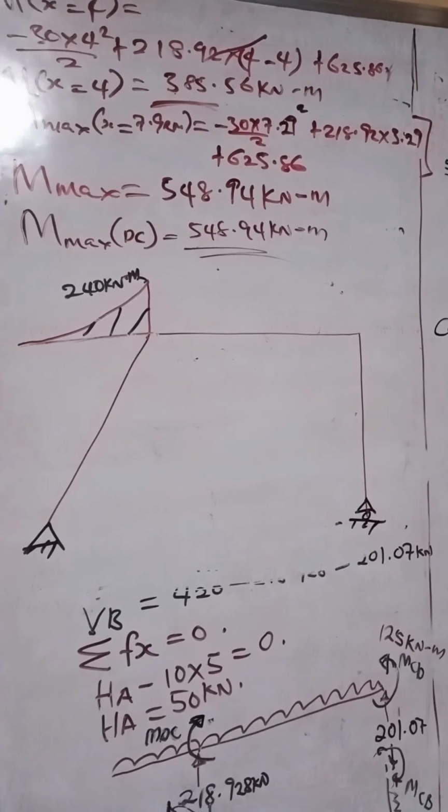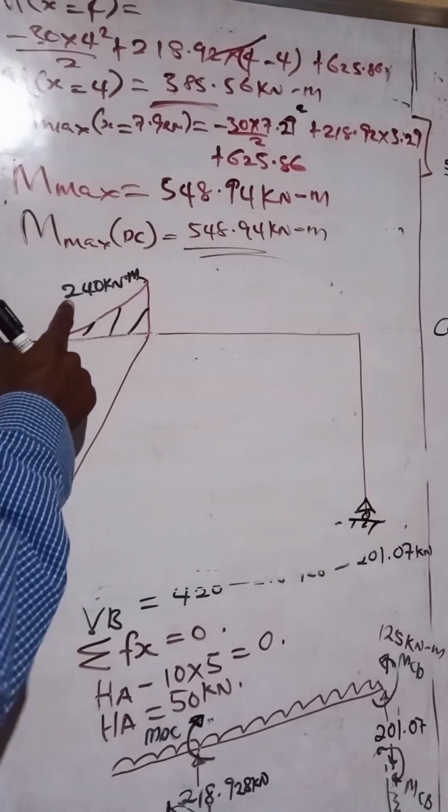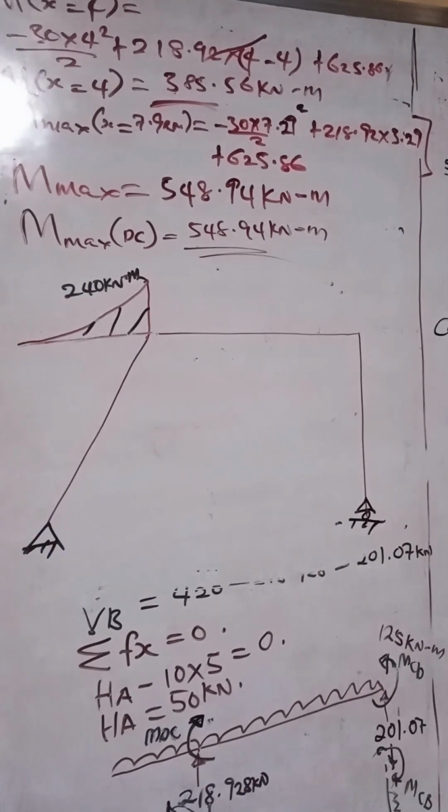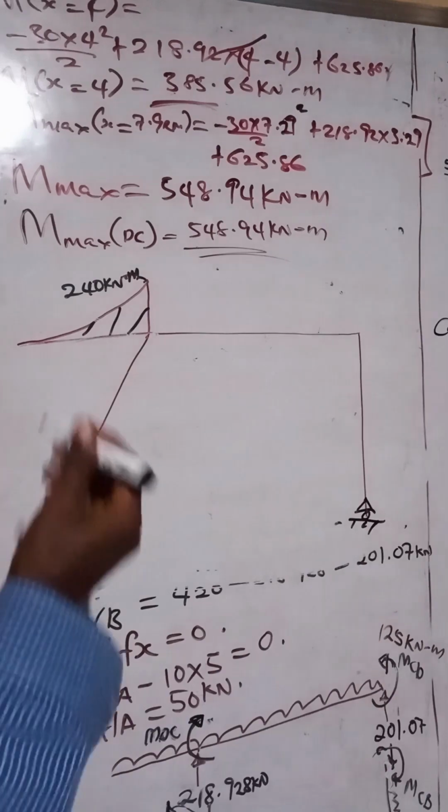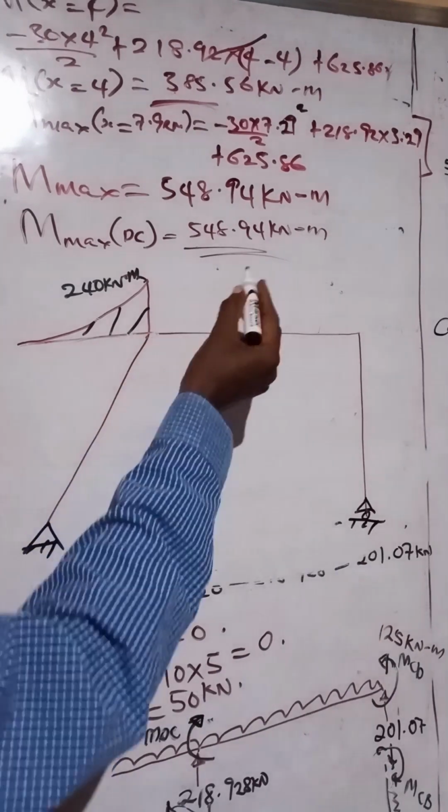So once we know that the cantilever has a negative moment and the value is 240, and also for the other beams, for example the slant side, we have the moment to be 625.68.